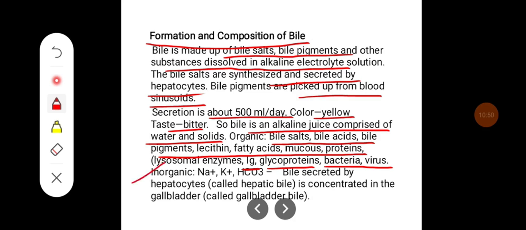Then inorganic contents are mainly sodium, potassium, bicarbonate. Bile is secreted by hepatocytes, so that is why it is called hepatic bile, and when concentrated in the gallbladder, it is called gallbladder bile.